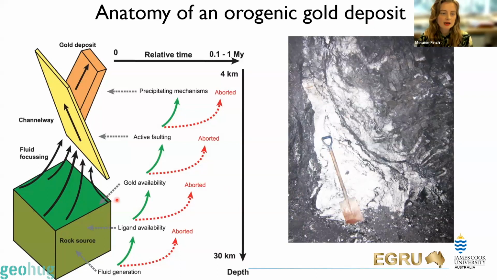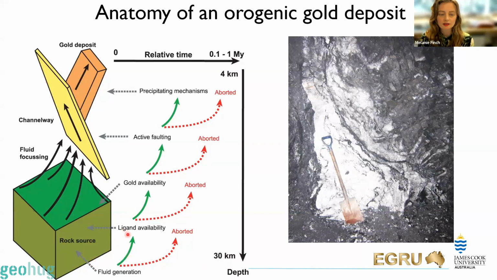I've got this schematic diagram over here, which shows in a general way the way that orogenic gold deposits form. We start off in a source rock at a deep level, perhaps more than 30 kilometres or so, and a fluid is generated. In this case, a metamorphic fluid is generated.